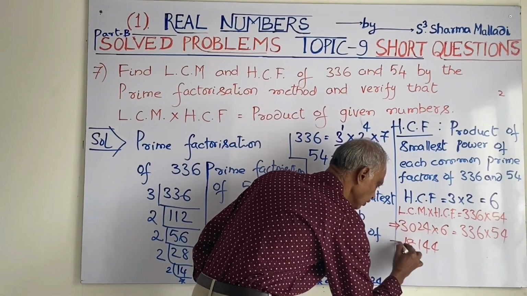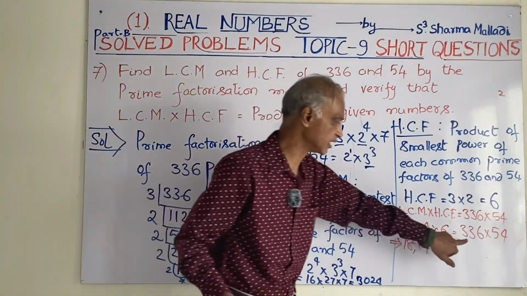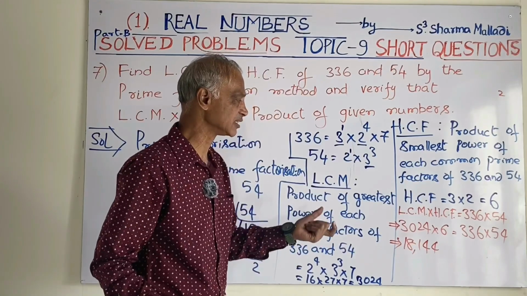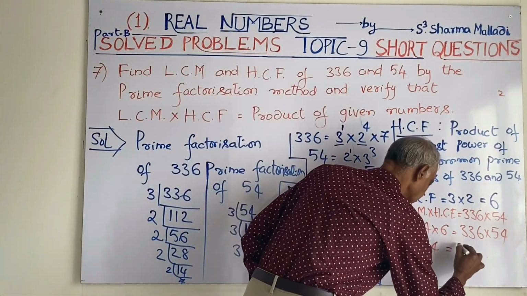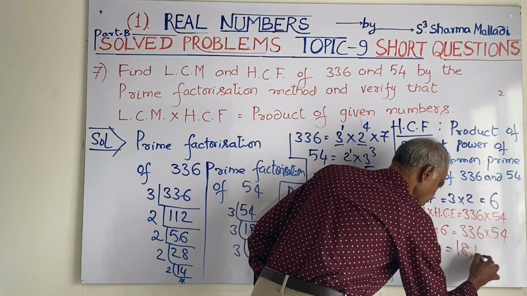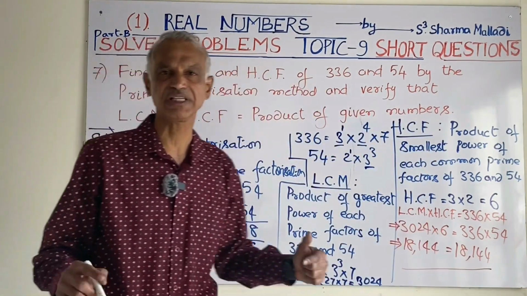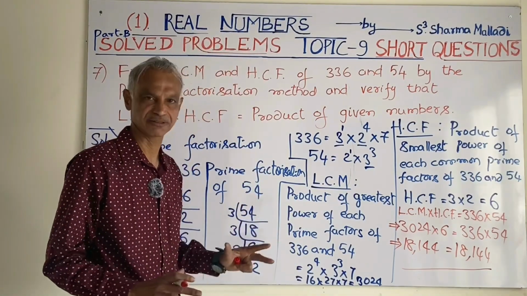You got 18,144. You must get the same for 336 into 54. If you multiply 336 with 54, you will get 18,144. You should remember the product of LCM and HCF is equal to the product of the given numbers.